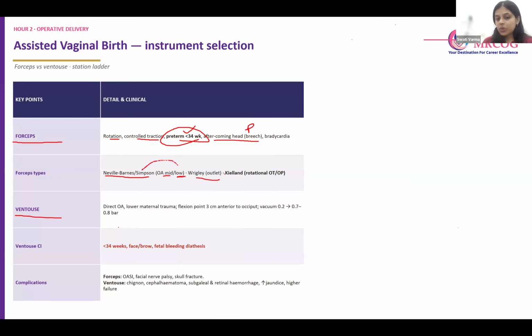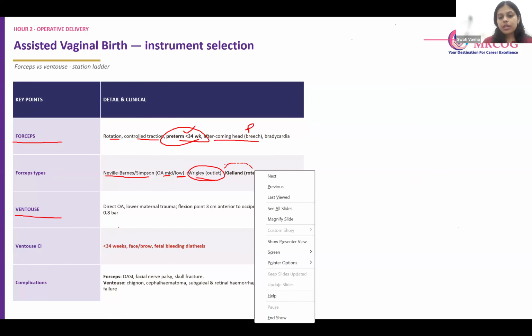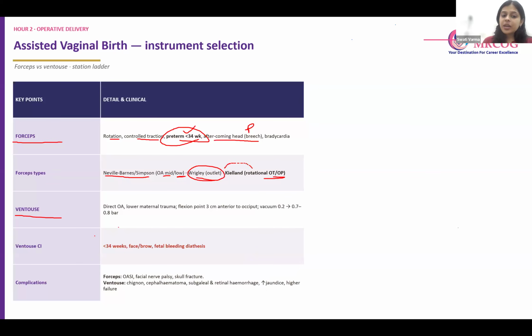Wrigley is usually for outlet. Wherever rotation has to be carried out, that is when the head is occipito-transverse or occipito-posterior, of course with rotation less than 45 degrees, Kielland's is to be applied. Wherever you have to do rotation, Kielland's you have to choose. Then coming to ventouse, direct occipito anterior.